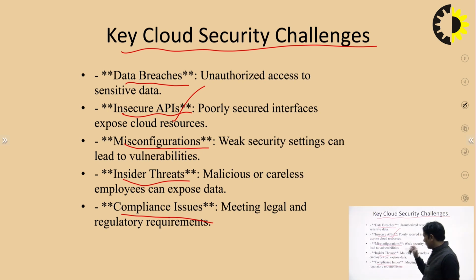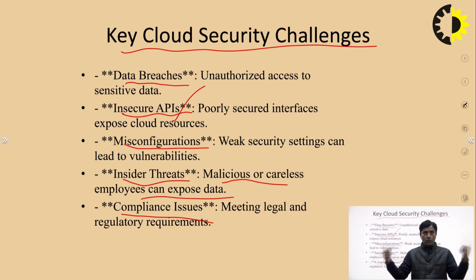Insider threat: a malicious or careless employee can expose data. This is a very challenging threat. Maximum of our attention is toward the outside world, so that nobody can penetrate our system, and no outsiders are allowed without verifying their identities.